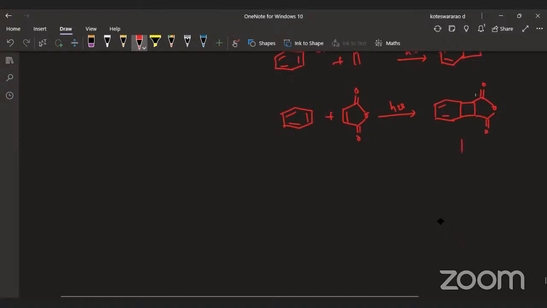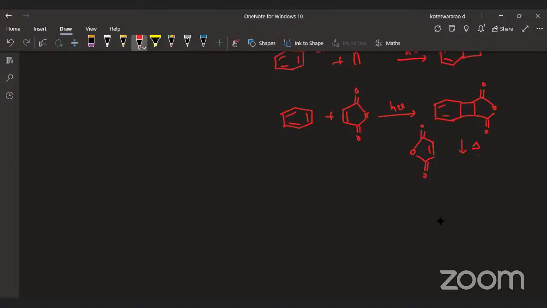The product is subjected to thermal heating. The same is treated in the presence of maleic anhydride again. Then it undergoes cycloaddition under thermal condition.